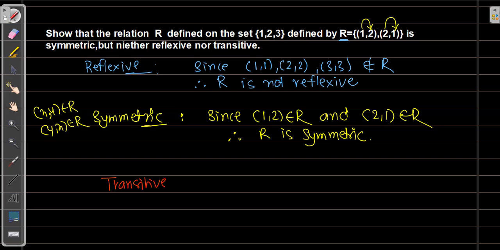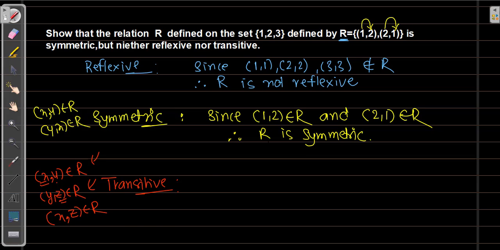When our relation is transitive, if the ordered pair (x, y) belongs to our relation R, and (y, z) belongs to relation R, and there is also a third ordered pair, that is (x, z), then we will say that our relation is transitive.